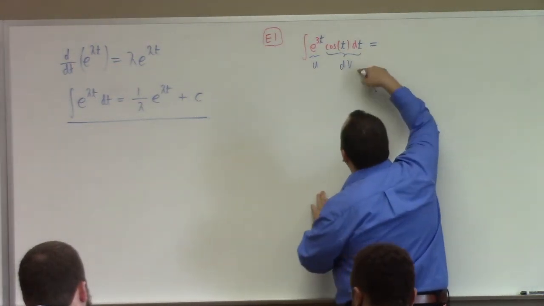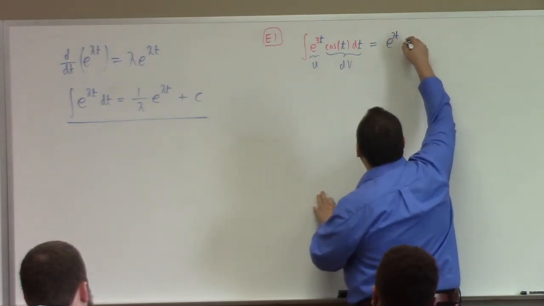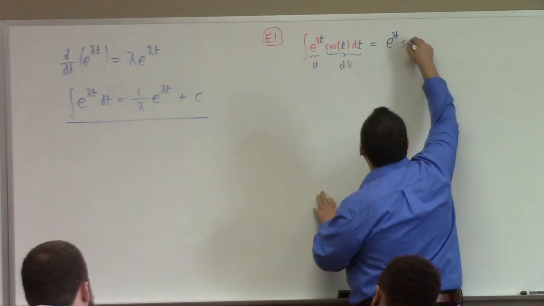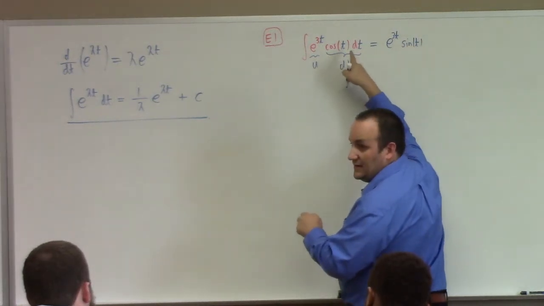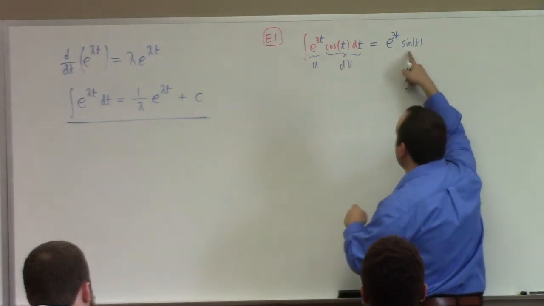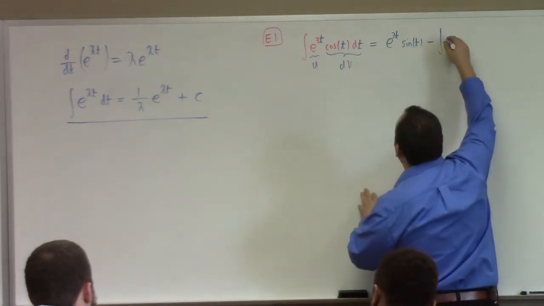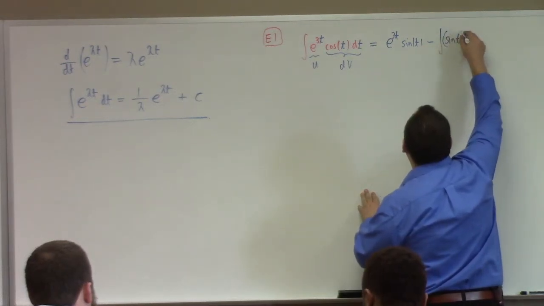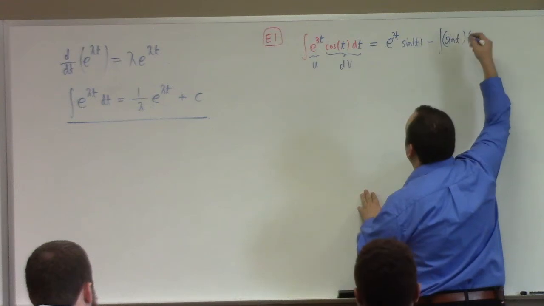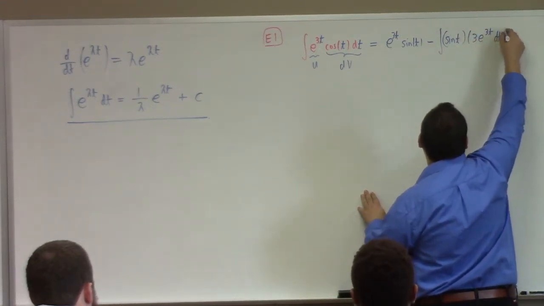But so I have e to the 3t, and then sine of t, right? Because if dv is cosine t dt, then that's v, right? We agree? Okay. Then minus the integral of sine t, that's my v, and then du is 3 e to the 3t dt.